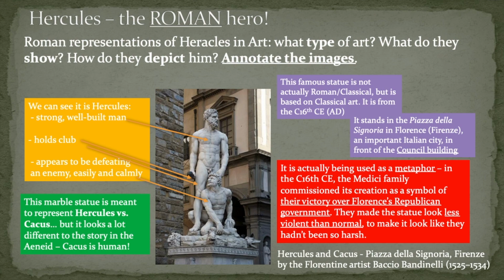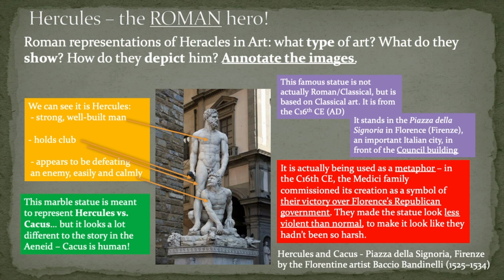In the 16th century CE, the Medici family, a very powerful family, commissioned its creation as a symbol of their victory over Florence's republican government. So they had taken over Florence. Previously, Michelangelo's statue of David had been commissioned in order to commemorate Florence's republican government, taking it back from the Medicis. So this was sort of a retaliation in art.